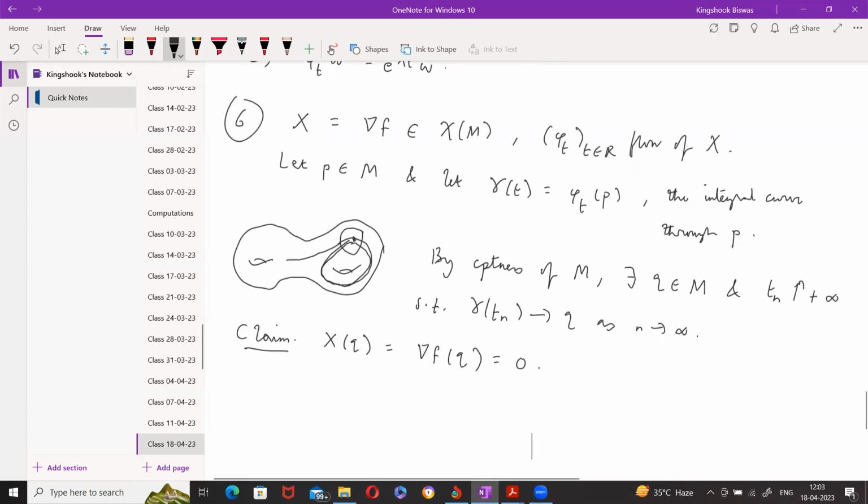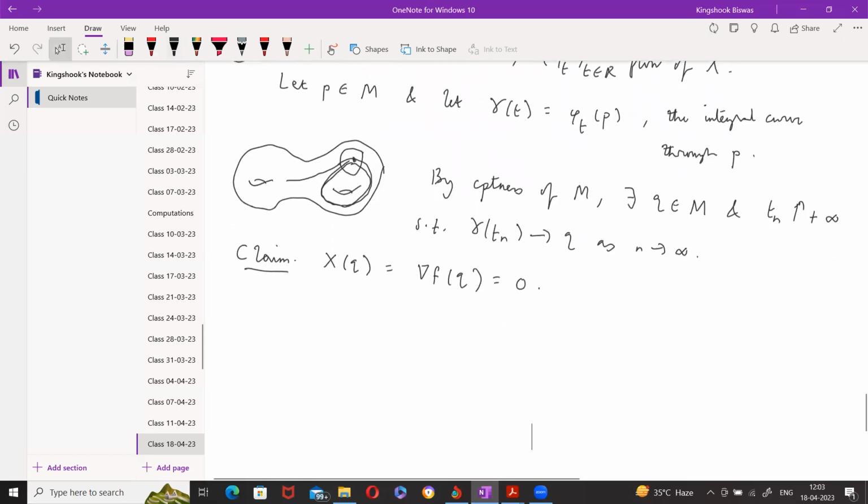This is a property of gradient vector fields. I mentioned this in class earlier, right? In fact, you can show that the integral curve actually has to converge to a 0 of the gradient vector field.